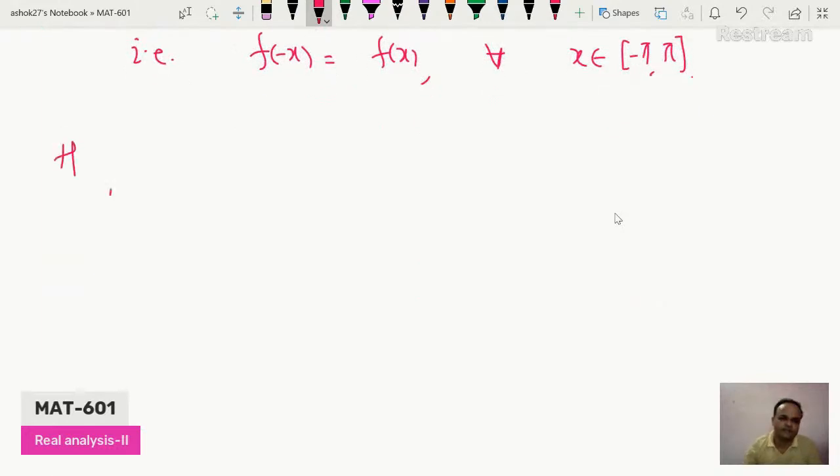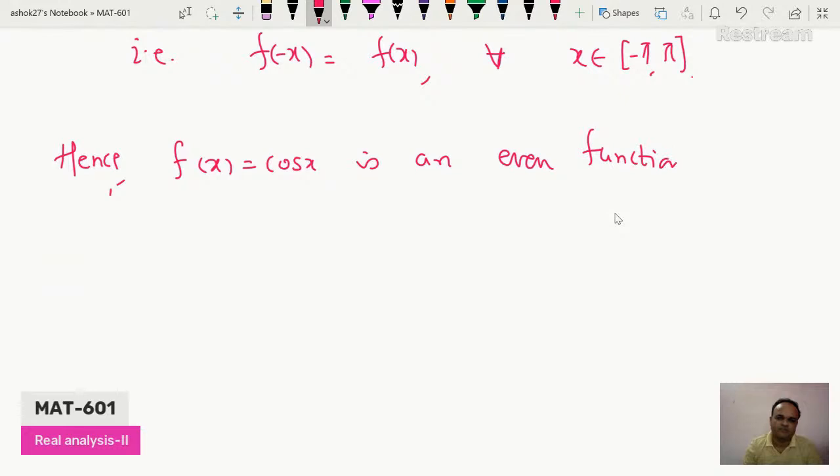Hence f(x) equal to cos x is an even function. So these are examples of even function. Furthermore, you can write some more examples.